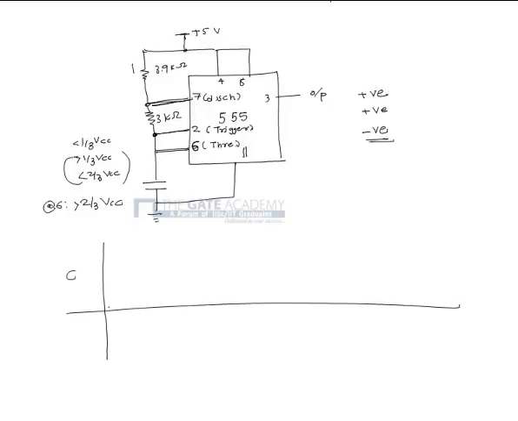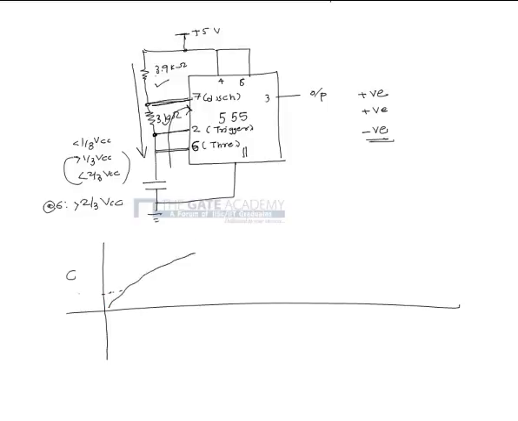The capacitor will charge through series combination of these two resistors, and it will discharge through pin number 7 via only one resistor. So voltage at capacitor starts rising like this.